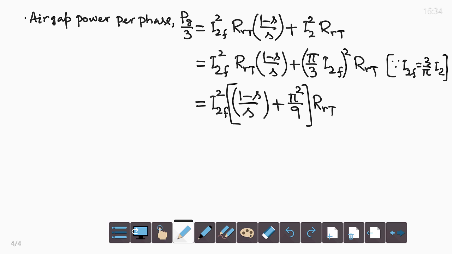So, it is pi square by 9 minus 1 into R R T into I 2 F square plus R R T by S into I 2 F square.